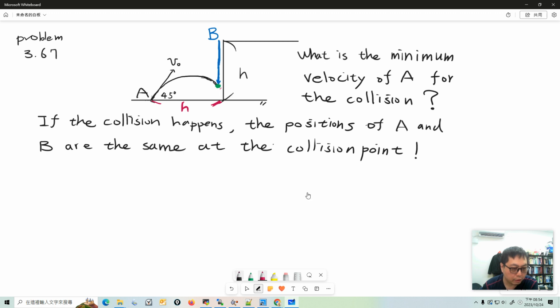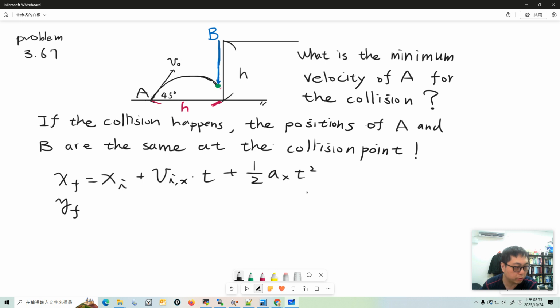Let me write down the equations of motion. xf equals xi plus vix times t plus 1/2 ax t squared.